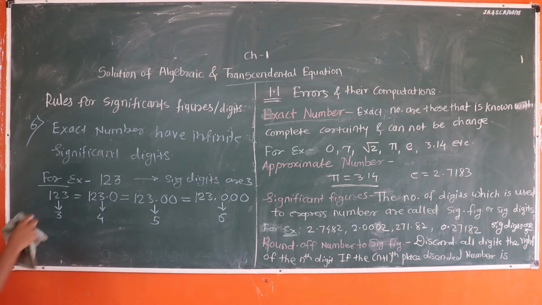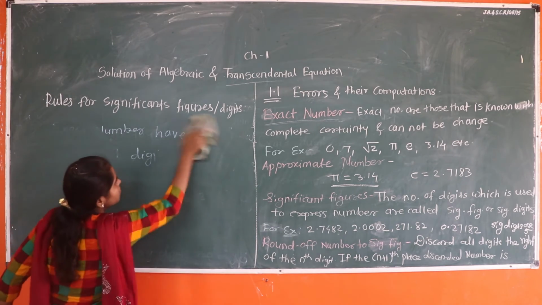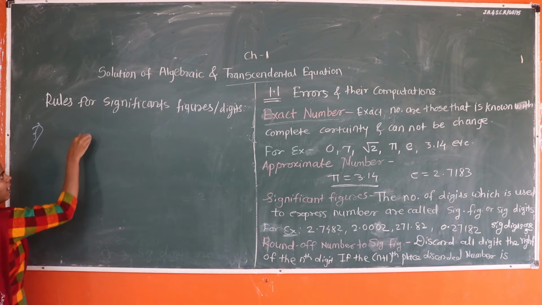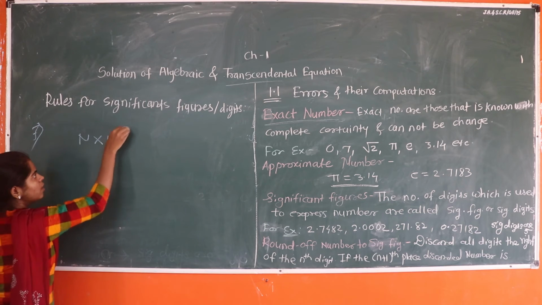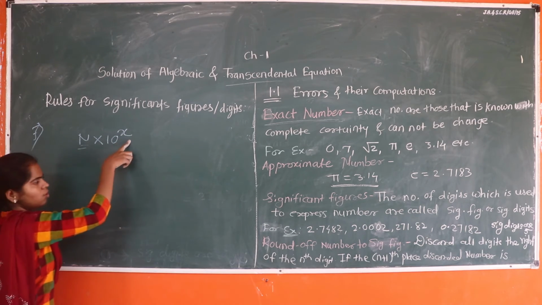Next. The next rule is when a number is in the form n times 10 raised to x, where n is any number.